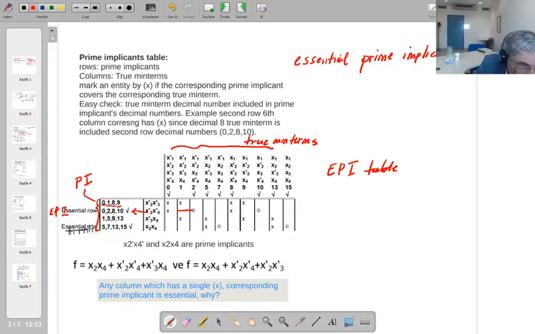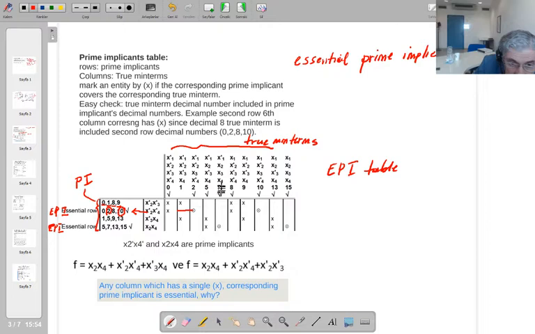This row is also an essential prime implicant. If you look at this column 10, we put in a circle, and the corresponding row was already an essential prime implicant. Now it is a duplicated essential prime implicant. Why is that? Because of that 2, it is an essential prime implicant. Also, because of that 10, it is an essential prime implicant.